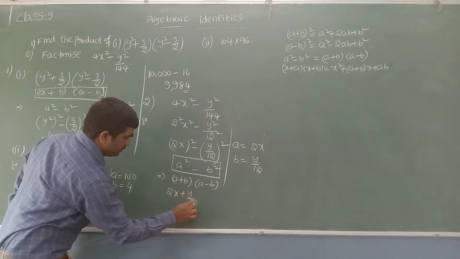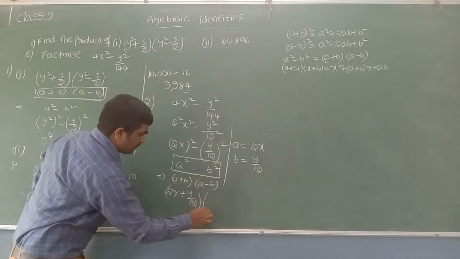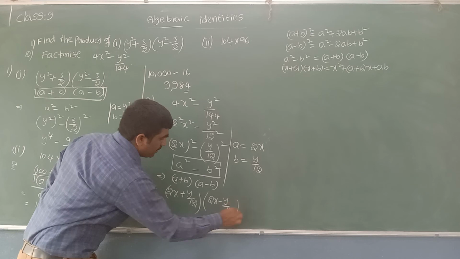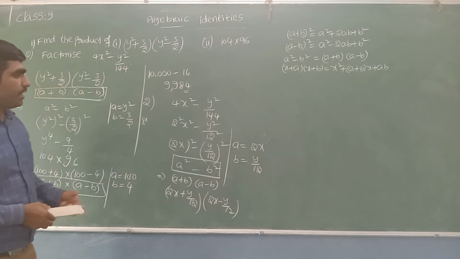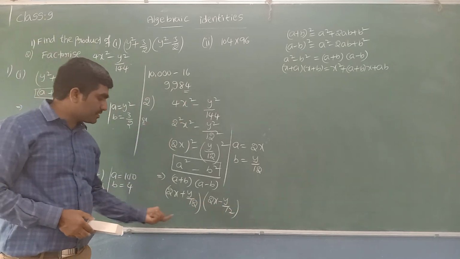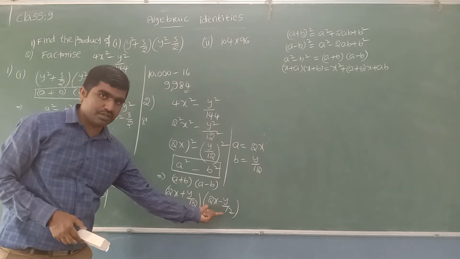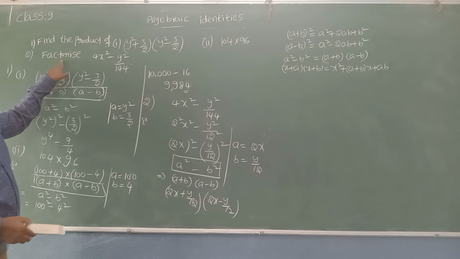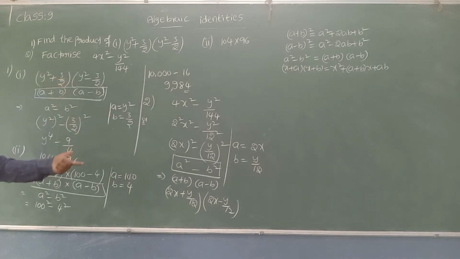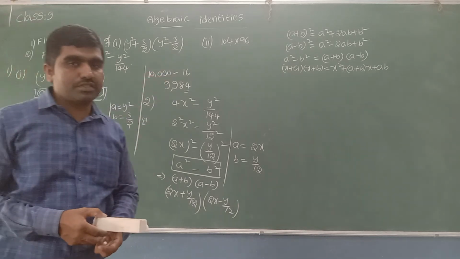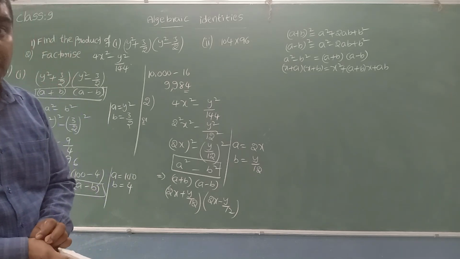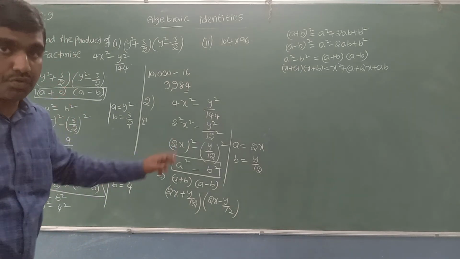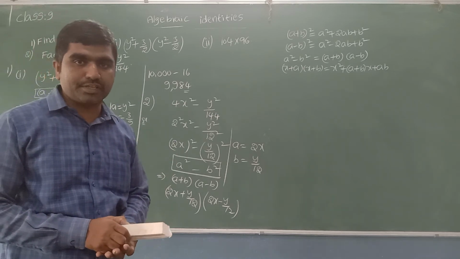Y by 12. 2x plus y by 12 into 2x minus y by 12. Yes, the given algebraic expression we expressed as a product of terms. This process is known as factorization. So these are a few examples of the above algebraic identities, which we can use to find the product of expressions, and also to factorize the algebraic expressions.